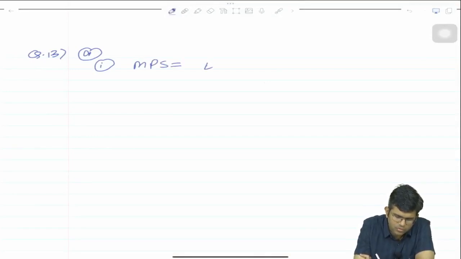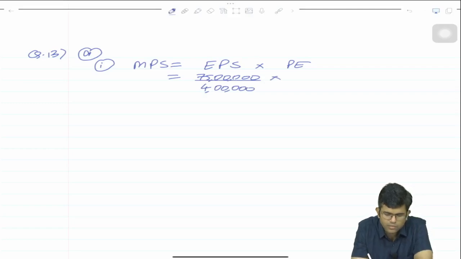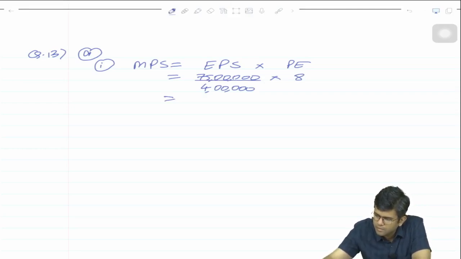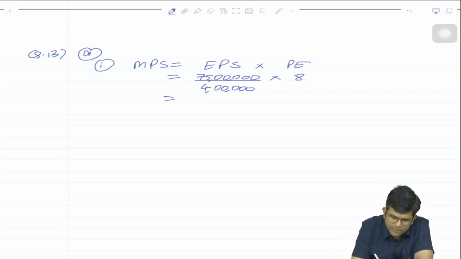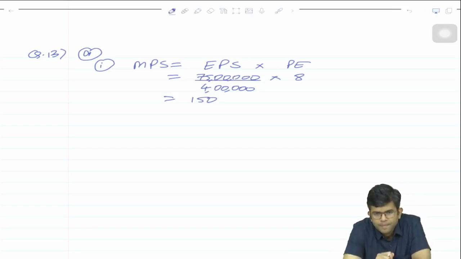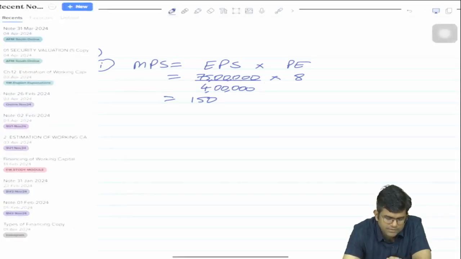MPS equal to EPS into PE. 75 lakh divided by 4 lakh into 8, 150 rupees is the MPS. All done? 150 rupees MPS.